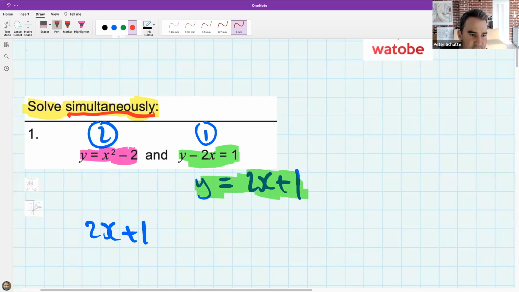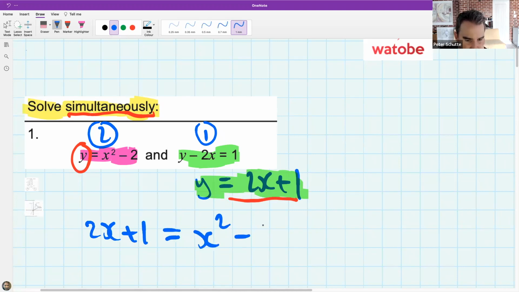That's going to replace this y over here. So I'm going to go 2x plus 1 is equal to x squared minus 2. So give me a thumbs up if you understand how I subbed the green one into the pink one, or equation 1 into equation 2.